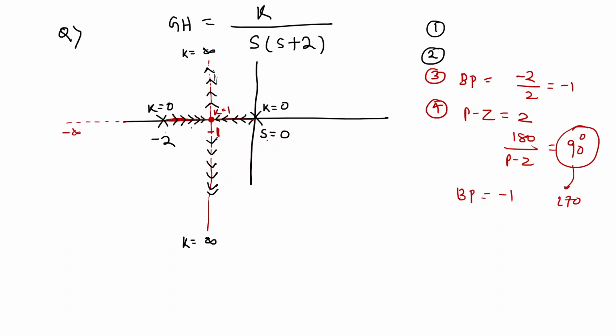At k equal to 1, your two poles will come close and be at this point, not at different locations. So for k from 0 to 1, your poles will be distinct. Getting my point? Understood, sir. So from k equal to 0 to 1, the system is overdamped.